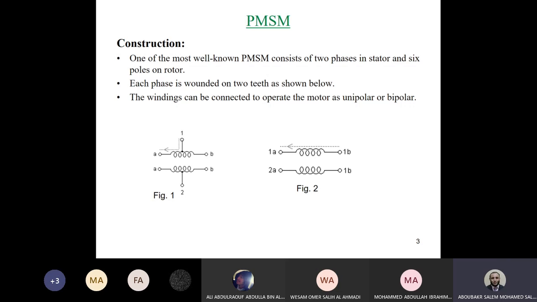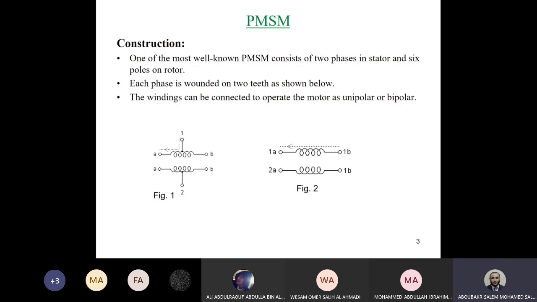For the permanent magnet stepper motor, the rotor construction is cylindrical. It's not salient like in the case of the variable reluctance one. The rotor itself is cylindrical, and the magnets are inserted in the rotor in order to make a short path between the permanent magnets and the electromagnets of the stator, and this will help to increase the machine torque.